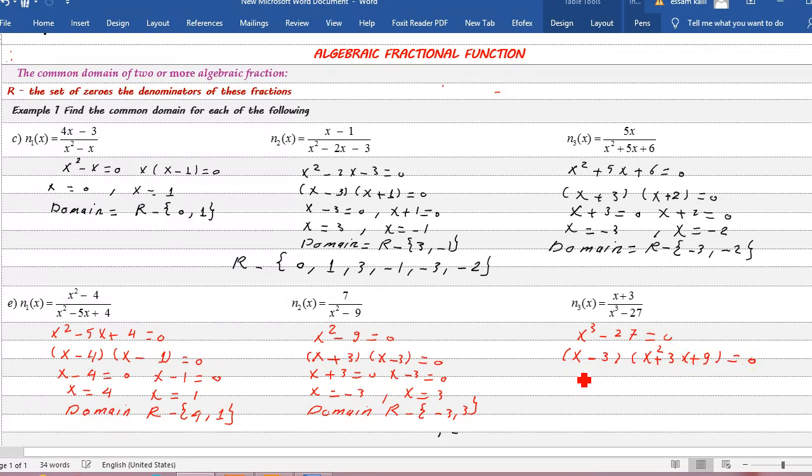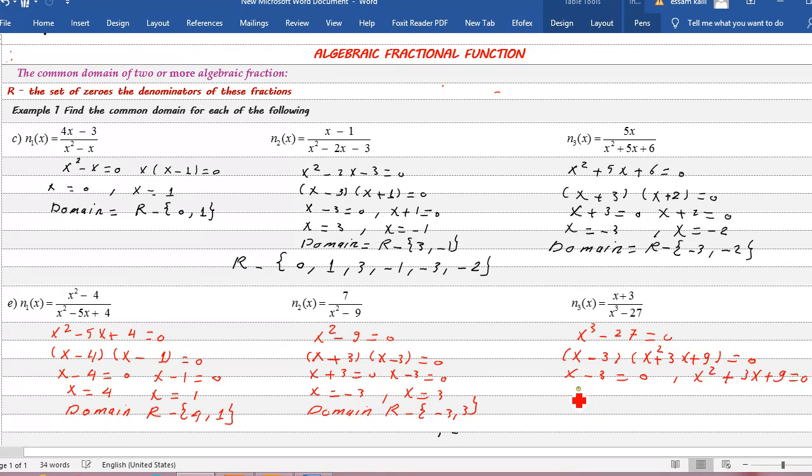Then the first equals 0, x minus 3 equal 0, and x power 2 plus 3x plus 9 equal 0.